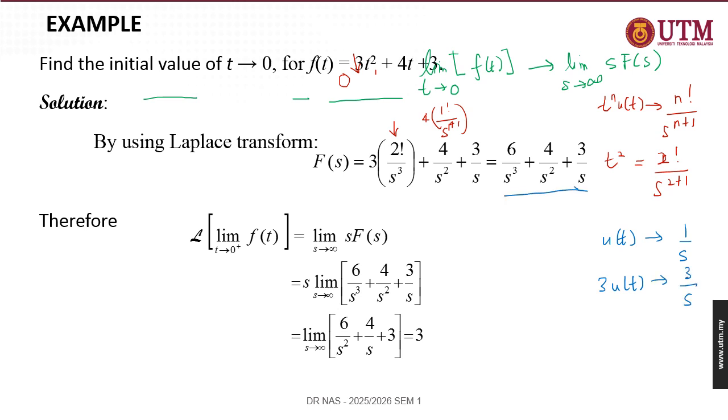Okay, so you have the F(s) equation. To solve for the initial value using the theorem, multiply s with F(s) and simplify. One power of s cancels in each term, and 3 over s multiplied by s gives 3. Now apply s approaching infinity. The terms with 6 divided by something very big become almost 0, and the other term also goes to 0.